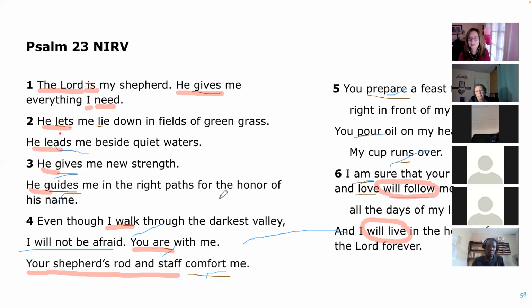We can then bring it into asking our students, so how has the Lord acted as your shepherd? Do you feel the Lord leading you? When has he led you? When has he given you strength? When has he provided everything you need? And they can start talking about personal examples in their life.